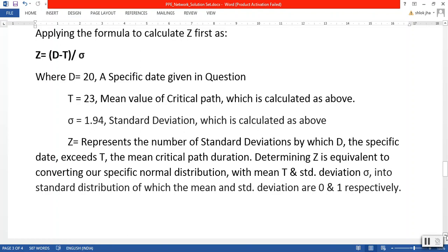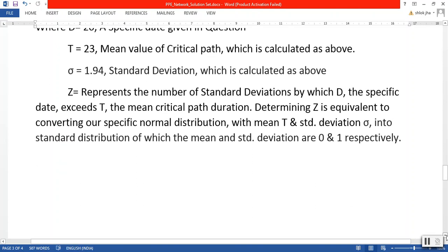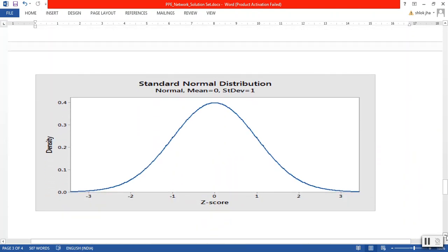And why do we calculate Z? Determining Z is equivalent to converting our specific normal distribution with mean T and SD delta into a standard normal distribution, of which the mean and SD are 0 and 1. For a standard normal distribution, the mean is 0 and SD is 1, plus 1, minus 1, in multiples of 1, on both sides, left and right, as depicted in this graph.